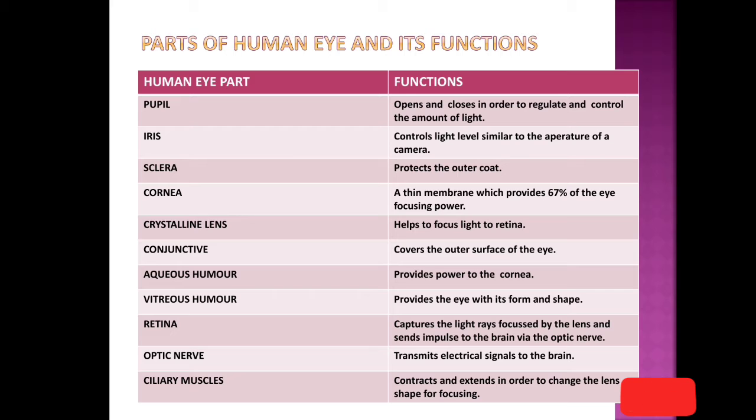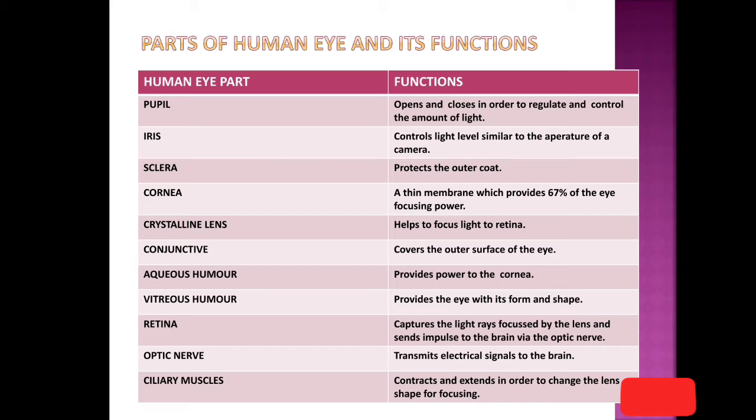This is the function of the iris. Next is the sclera. The sclera protects the outer coat. Then next is the cornea. The cornea is a thin membrane which provides 67% of the eye's focusing power. Then next is the crystalline lens. The crystalline lens helps to focus light onto the retina.